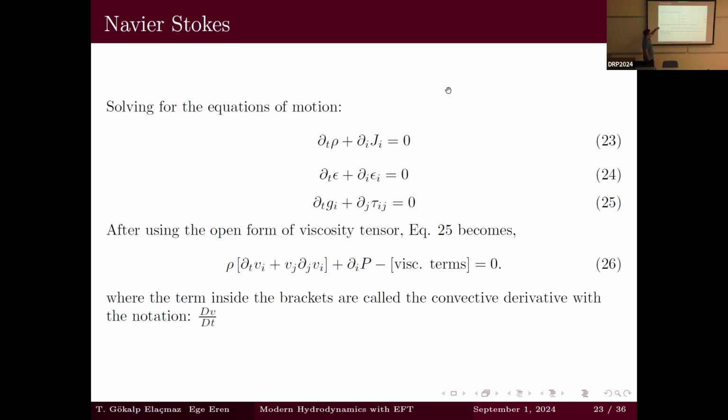By adding noise, we automatically get the Navier-Stokes equation, and from the 25th, we get the most used Navier-Stokes equation, which is this one, where the term inside these brackets is defined to be the convective derivative.